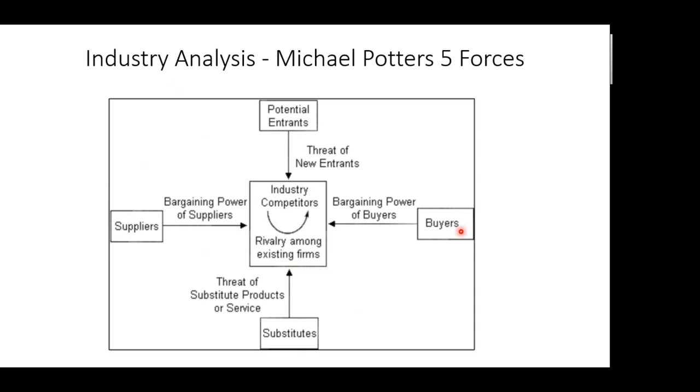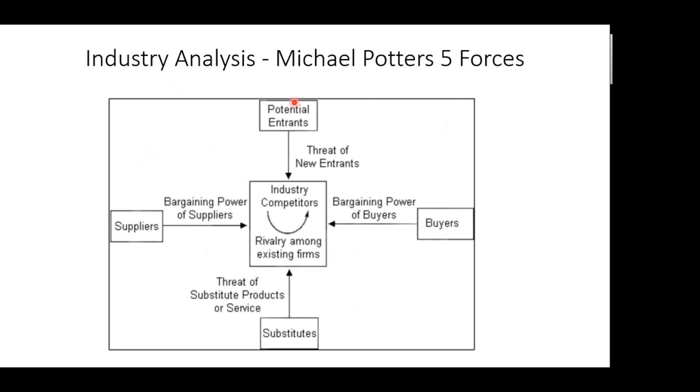And those brand owners or buyers have a great bargaining power over our garment factories. They bargain for the quality of the products or the garments we produce. They bargain for the price. They bargain for the production time, a lot of things.